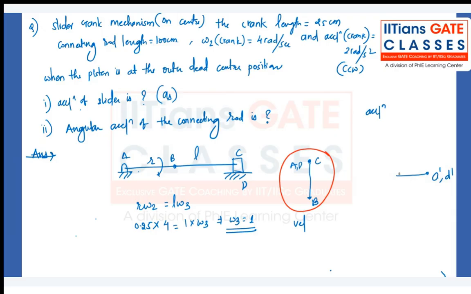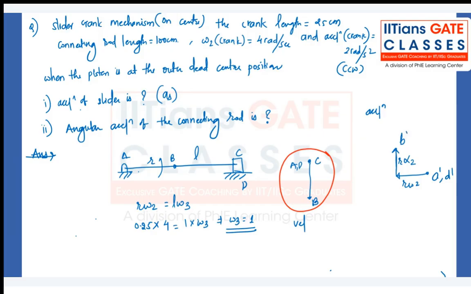The centripetal acceleration, sorry, the normal acceleration is this, R omega 2 square. Then we have a tangential acceleration, let's say, which is perpendicular to the link. I'm just randomly drawing it. We have space upward, so I'll draw it like that. R alpha 2. So this is my new point called B dash.